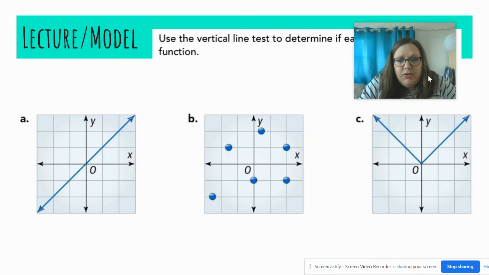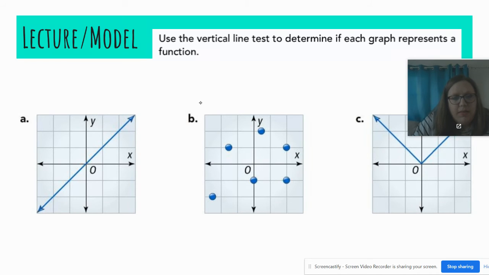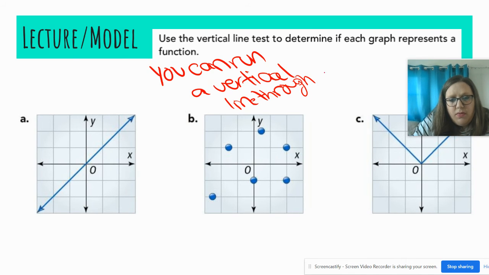The last thing we're going to do is what is called a vertical line test, which means you can run a vertical line through the graph and only touch one point.